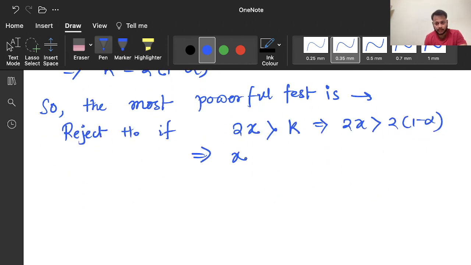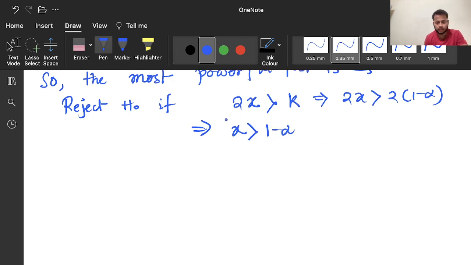So that means x greater than 1 minus alpha. We will reject the null hypothesis if this is true. This is the most powerful test.